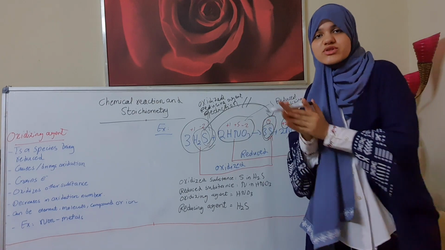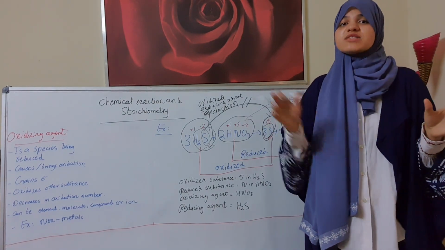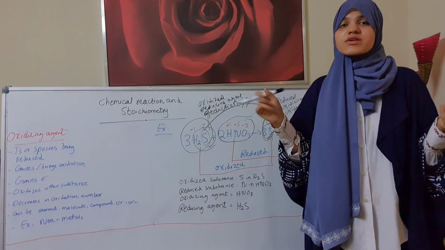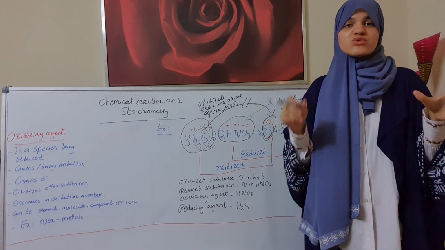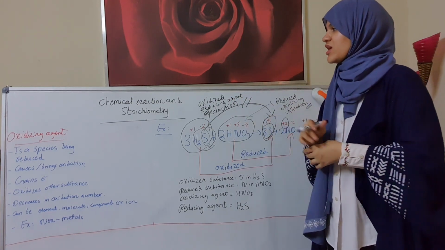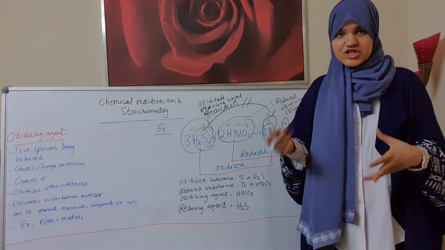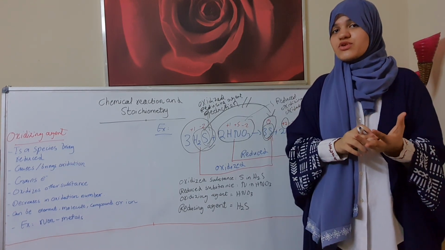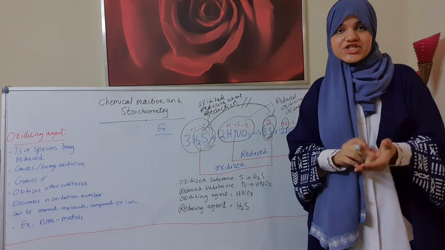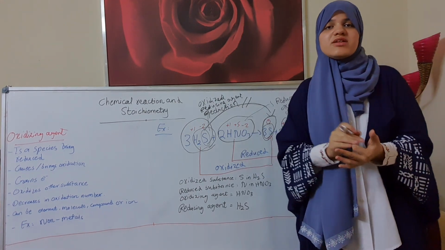It can be one product or it can be two products. For example, one reactant will give us many products, or many reactants will give us one product. These things. And also the types of chemical reaction, which were first of all combination reaction, decomposition reaction, single displacement reaction, and also double displacement reaction.